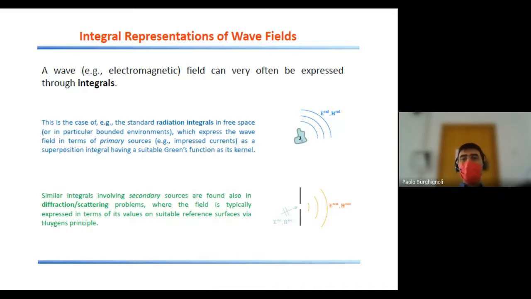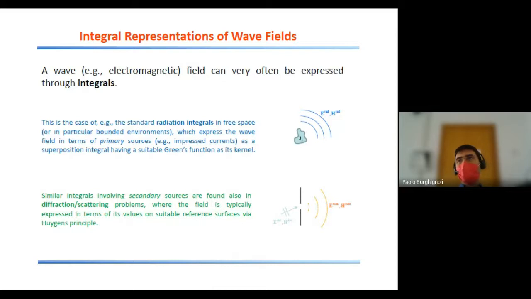There is also the possibility that the field is represented in terms of secondary sources. This is typical in diffraction problems or in scattering problems, in which typically the field is expressed in terms of some surface integral, where the integration is along some surface where the field is known either exactly or approximately.